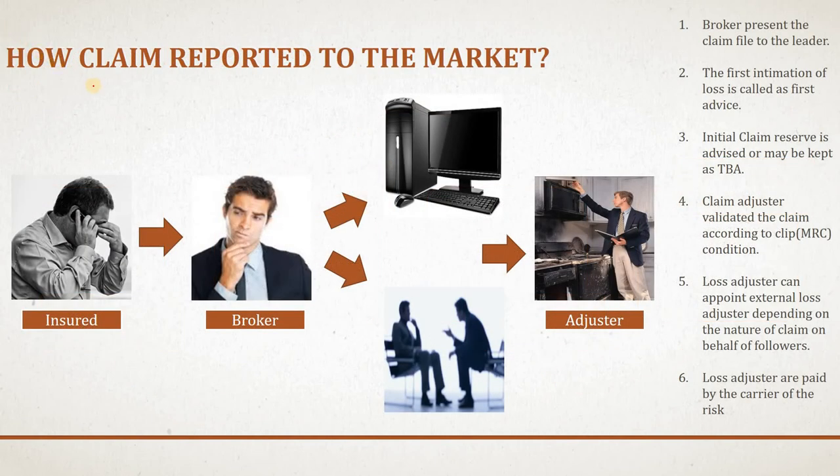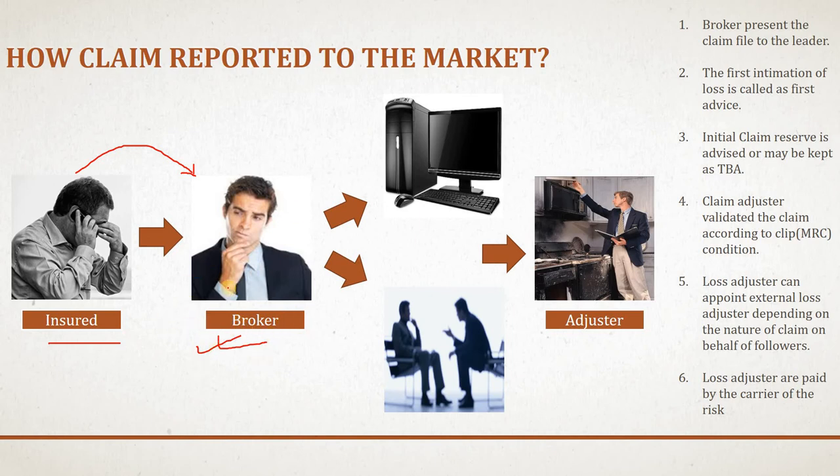Now, how is the claim reported to the market? As I said earlier, the insured, who is suffering from the loss, will intimate the claim to the broker, and by this time we know that the broker is the guy who plays a central role in the London bureau market, and is associated with the contract life cycle or policy life cycle from cradle to grave.